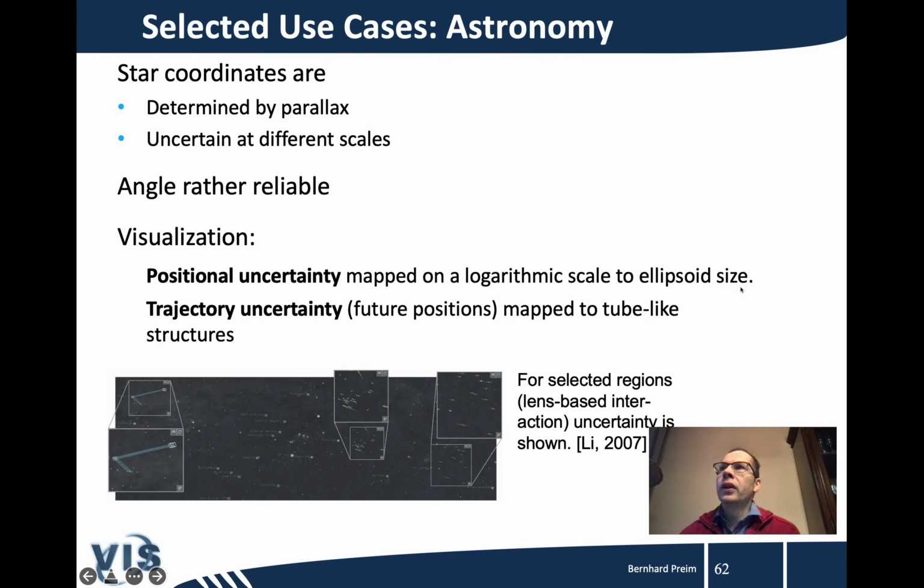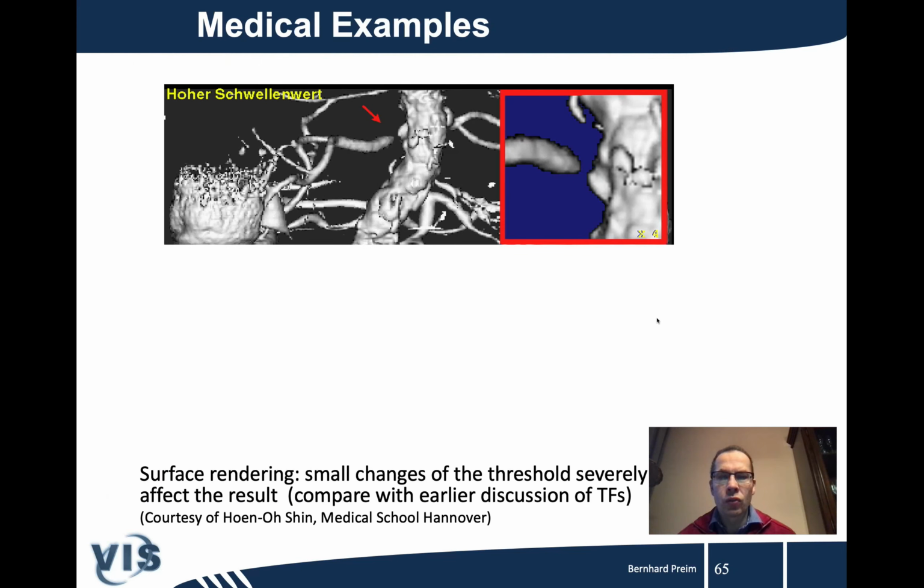Ellipsoids have the nice property that they can be scaled independently in the X, Y, and Z direction. So they can show the different uncertainty in these three directions. And the trajectory uncertainty with respect to the future position is mapped to tube-like structures. So that's about astronomy. Back to a medical example.